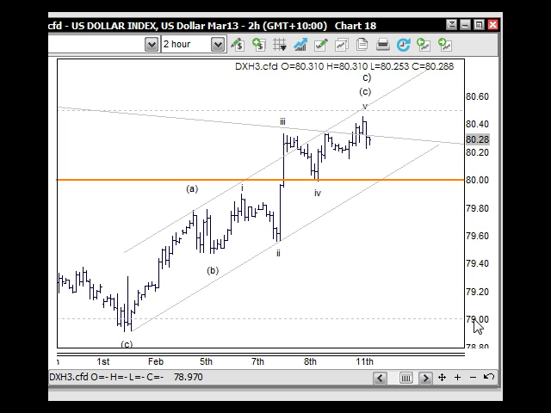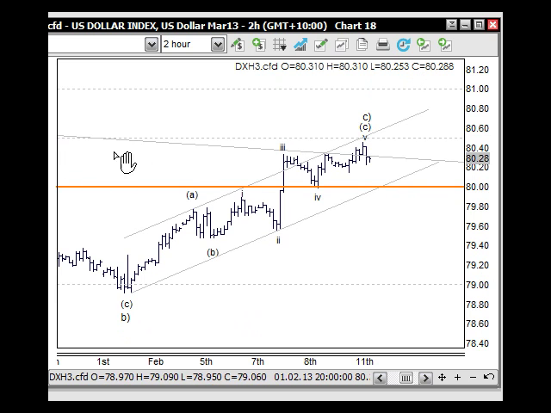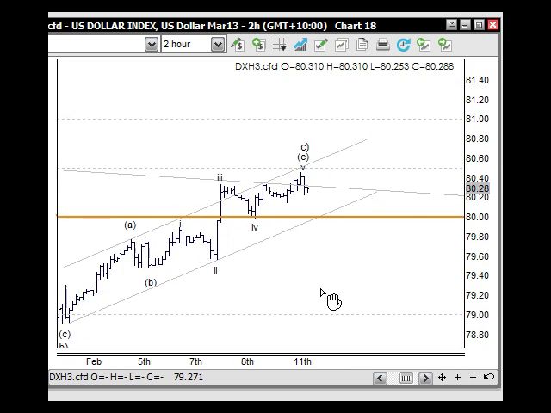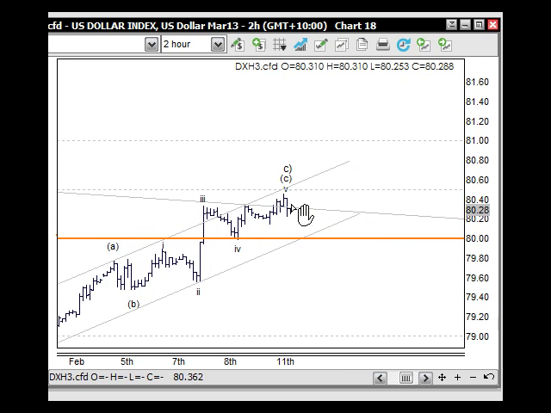If, however, because this will be the 80's the line in the sand, if this finds support on the 80.50, then we're going to see a move to the 81. And if we're going to see a move to the 81, well, then we'll see a higher rally still. So it is really important. We just need to allow this to sort of play out through here.